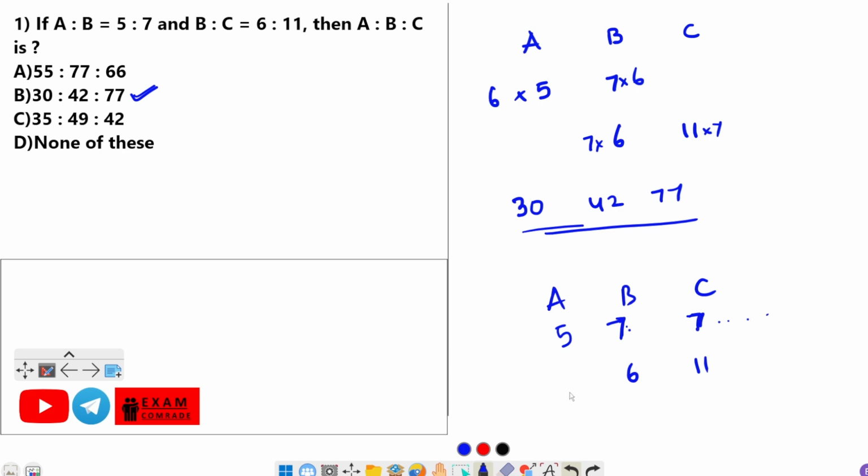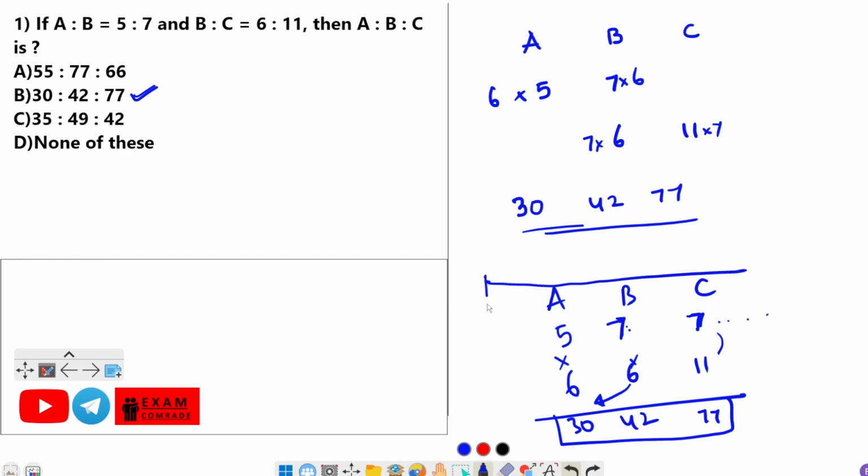Similarly, for the second expression, extend this one to the left hand. So you can multiply these things. 5 into 6 30, 7 into 6 42, 7 into 11 77. This is easy because only 3 terms are given, but in future if 3 or more terms are given, this method is quite useful. Okay, please note down this method.